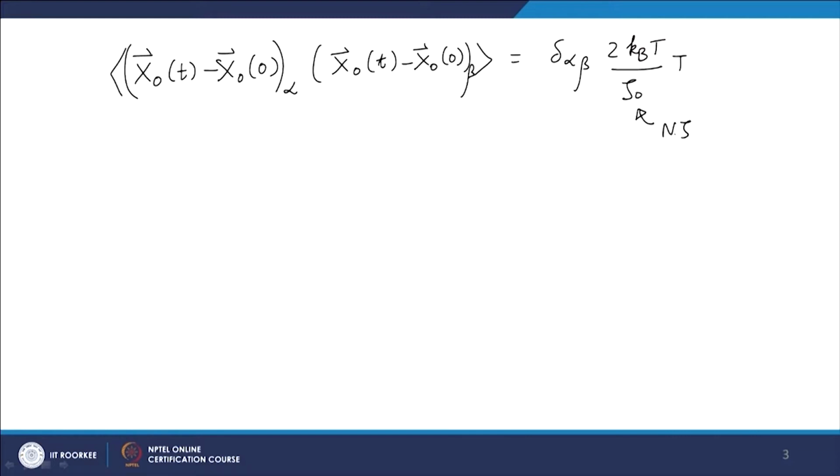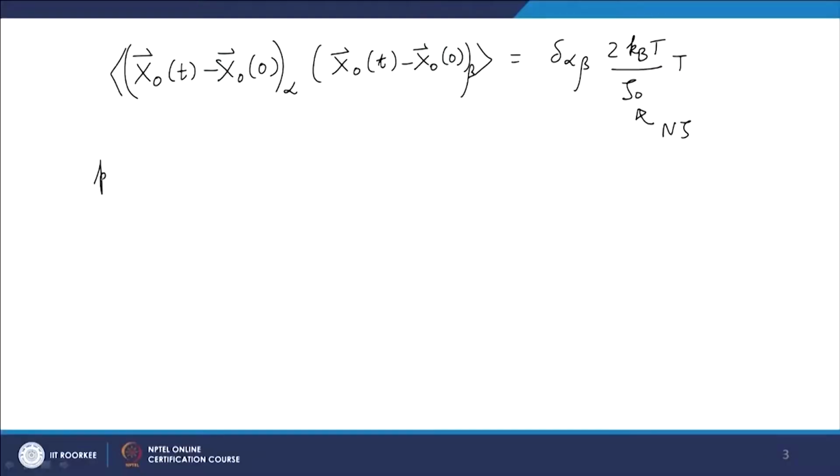Now, you can see that 2 kBT by zeta was like a diffusion coefficient in that case. Now, we have a zeta naught appearing there for a particular p value. So, for every p value we can think of a diffusion coefficient for that particular p value. I have not yet given the full physical meaning, I will go on and talk about it, but this is the first analogy you can see.